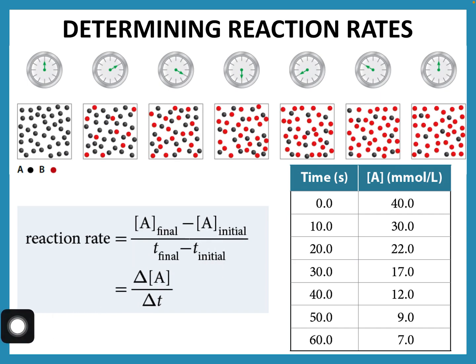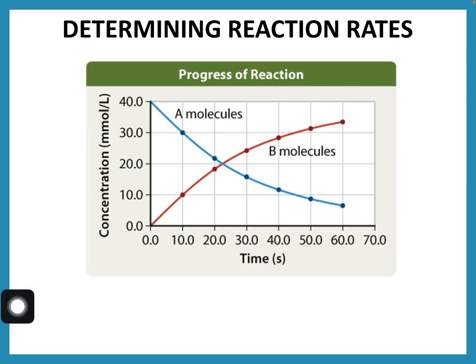I could also find, if I had information about the concentration of product B, I could also use that change to measure the reaction rate. So within a particular reaction, we can actually graph both the consumption of the reactants and the production of the products. And what you can see here is that these reaction rates are equal but opposite.